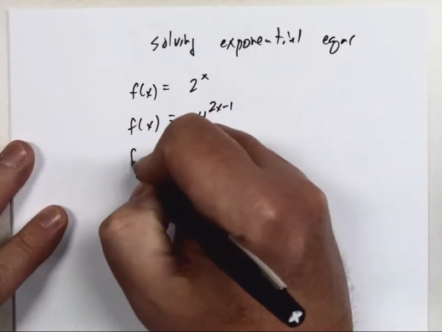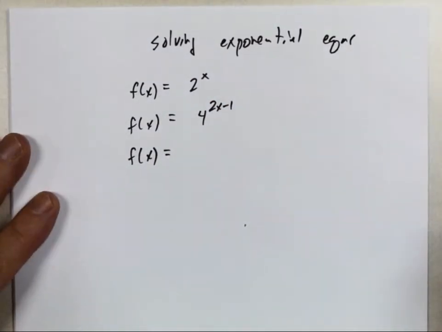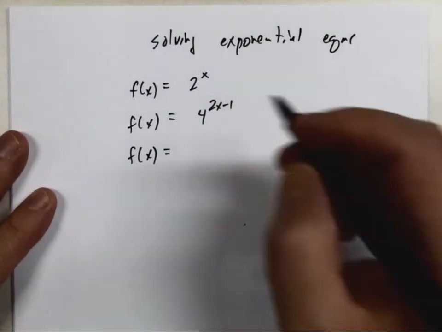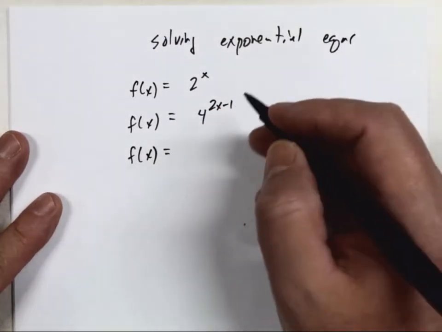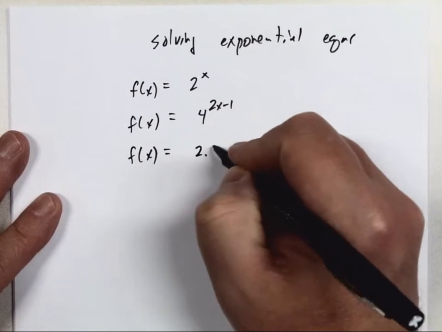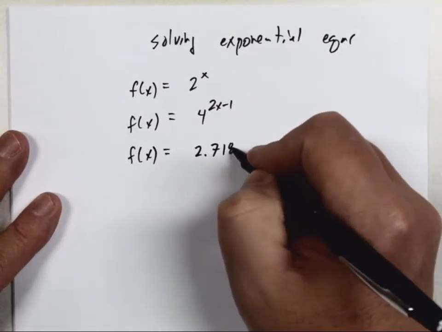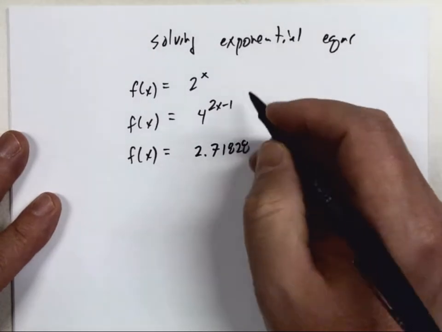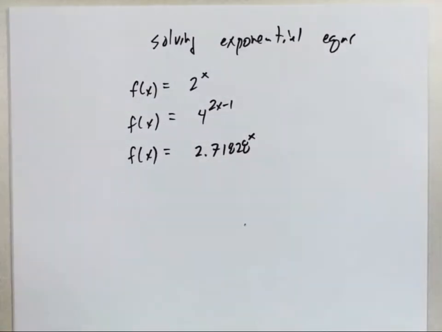Now, what if I had this? At first, this won't make sense, but let me write it and explain. What if I write another exponential function, and here's my base, 2.71828 raised to the x power.